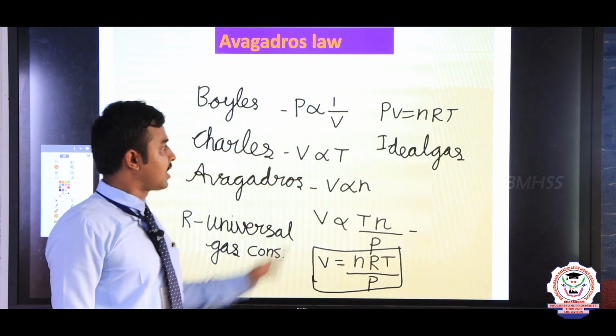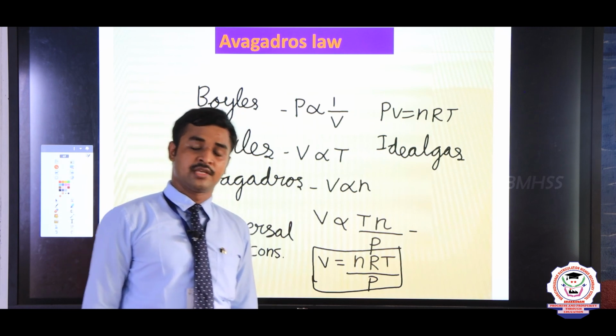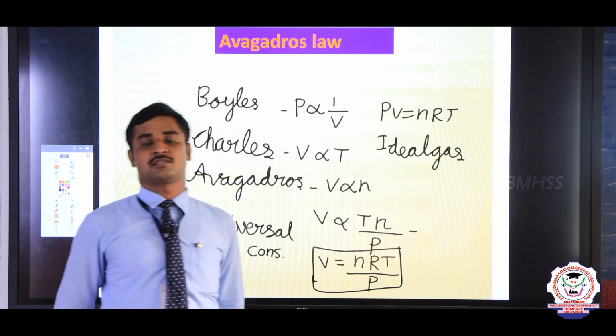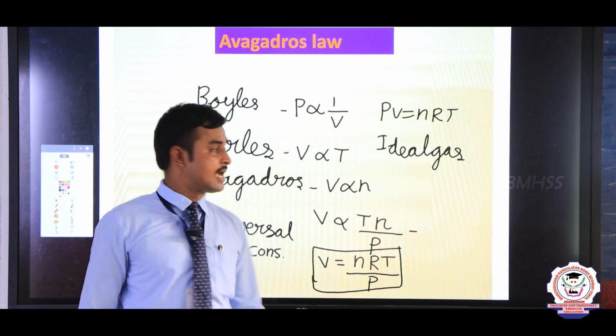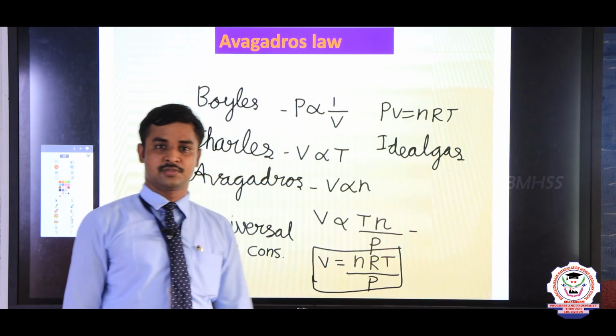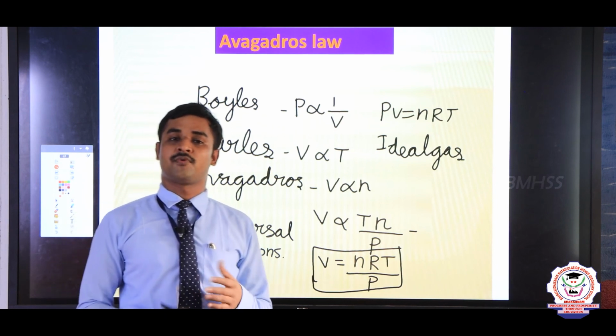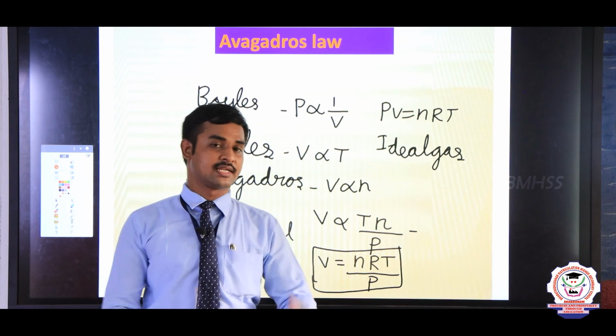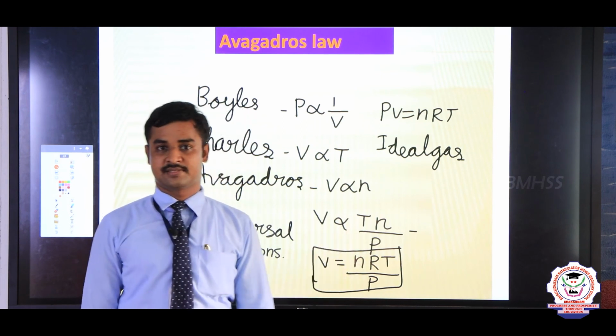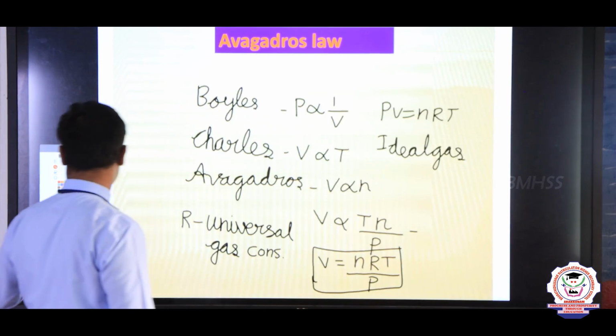According to this, if a gas obeys all the laws, Boyle's law, Charles's law and Avogadro's law, then such gases are called ideal gases. So, from the laws we can form the ideal gas equation, and the character of ideal gases we can also easily know from these formulas. These are the terms we see today.